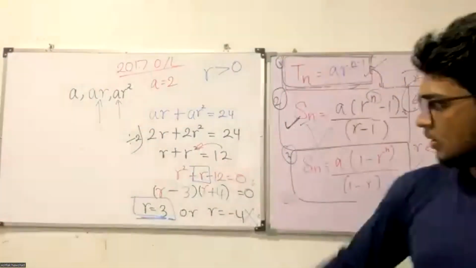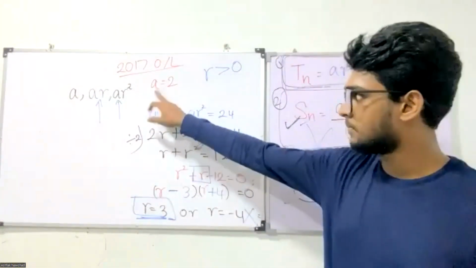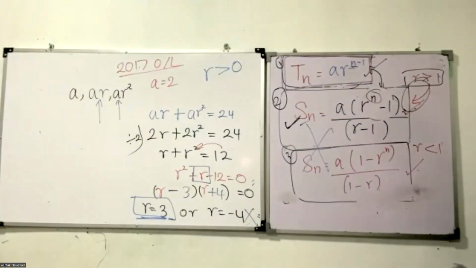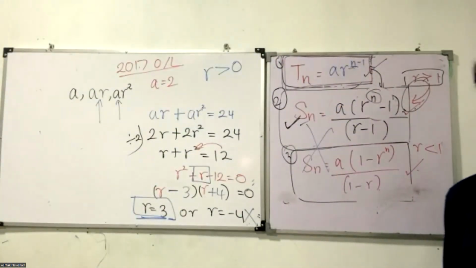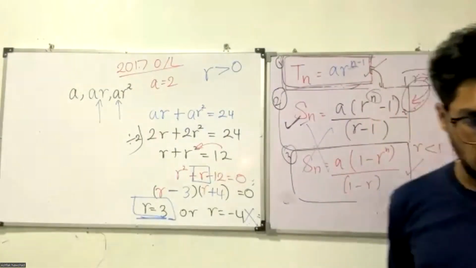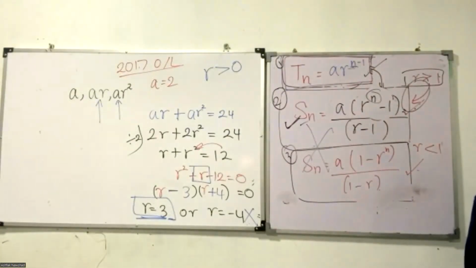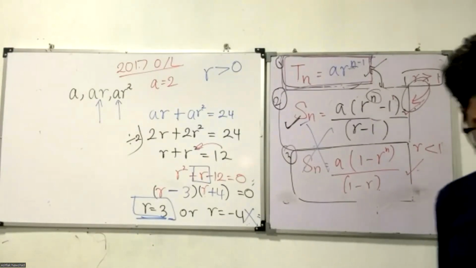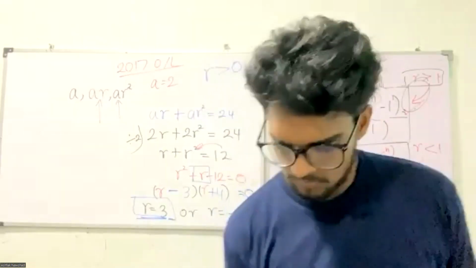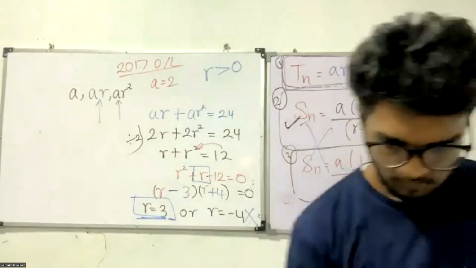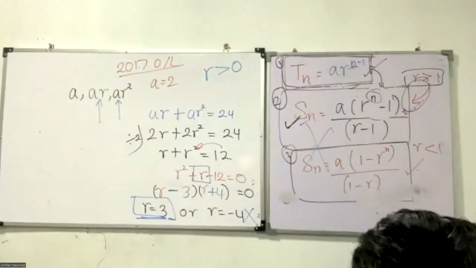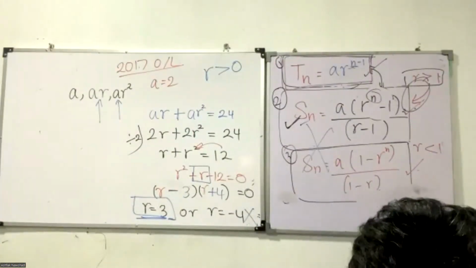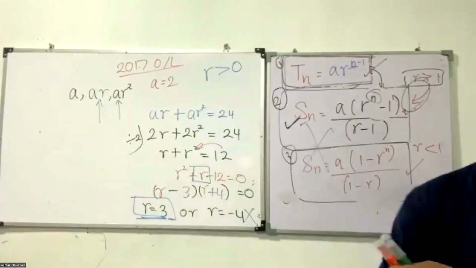Now we know the ratio and we know the first term. We can find any term. You're asking for the 7th term. One person has got it. Good.